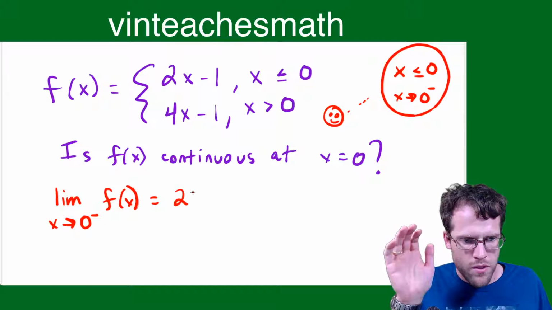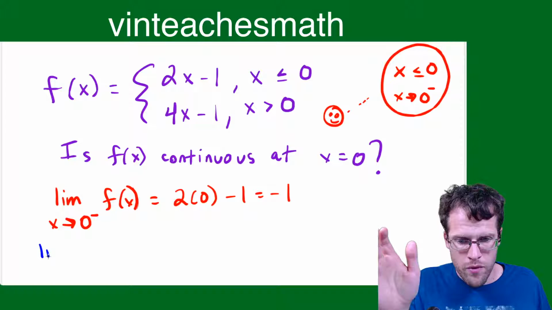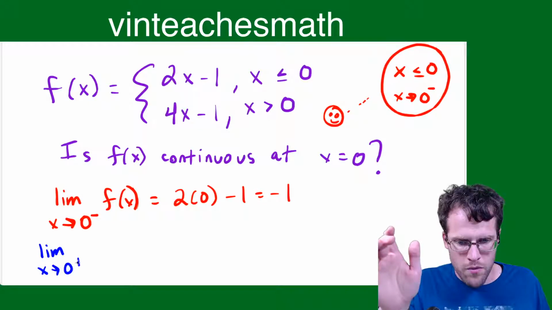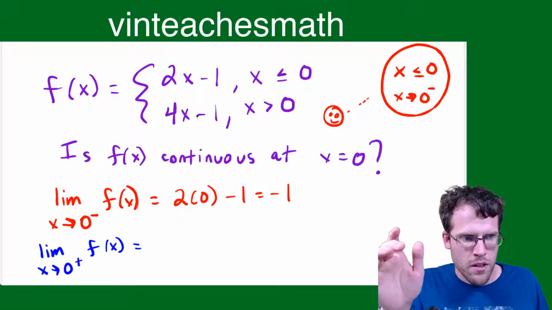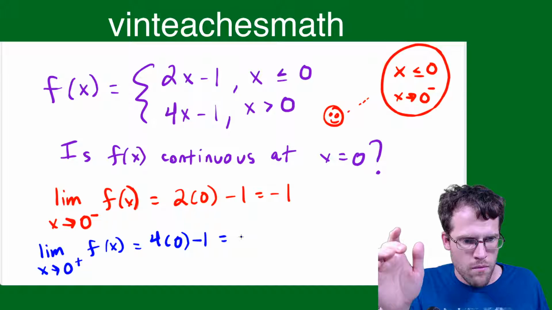So we'll have 2 times 0 minus 1, which is equal to -1. And now we found the left side limit. We're going to find the right side limit. So x approaches 0 from the right side, and now we're plugging into the greater than piece. We're going to have 4 times 0 minus 1, which is also -1.